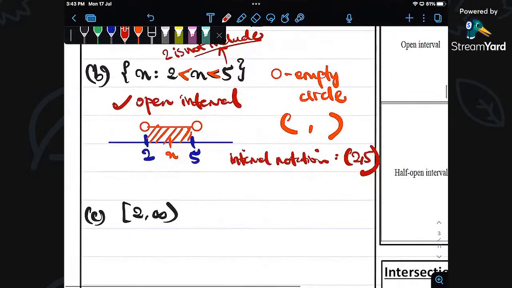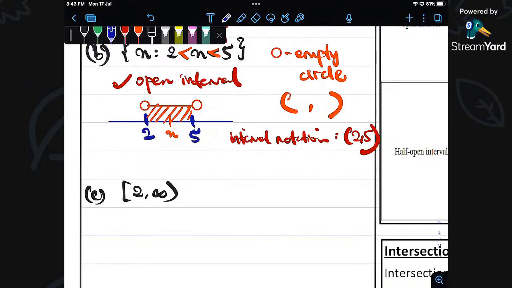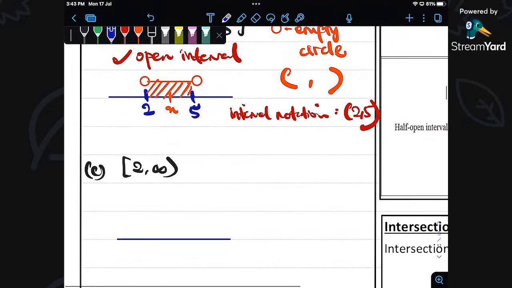Okay, next question. You can draw from number 2 to infinity. So now you have a dense circle, isn't it? You put a dense circle there, and then this goes to infinity, in fact positive infinity. So you can put an arrow to the right.